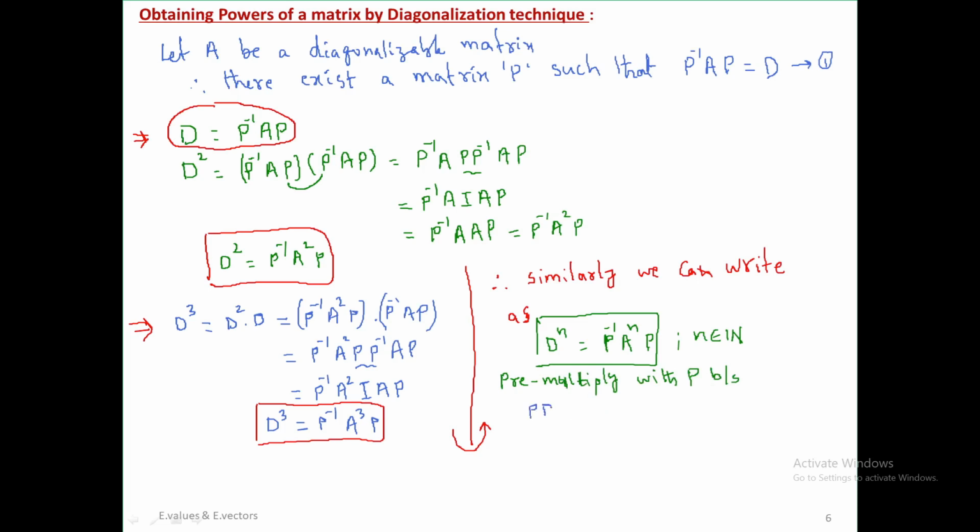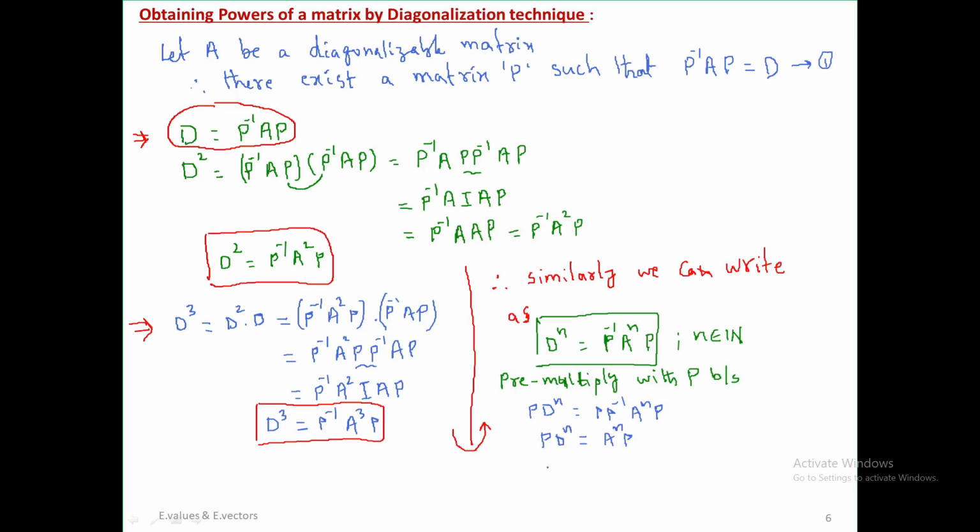P into D power n, and this becomes P into P inverse, A power n into P. Now this becomes P into P inverse, which is identity matrix. Identity matrix into A power n is just A power n only. So A power n into P. So here what I'm getting is P into D power n.